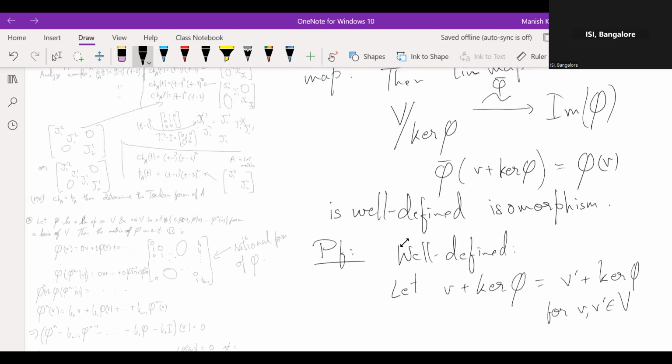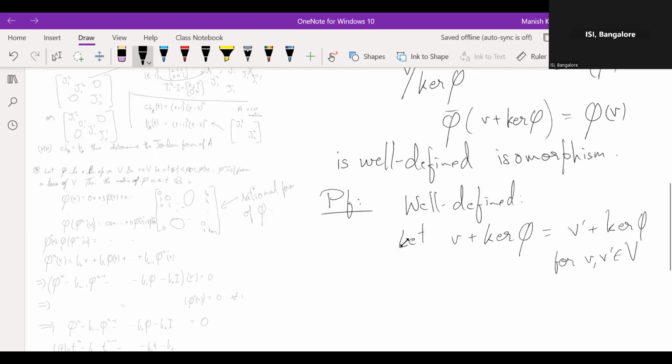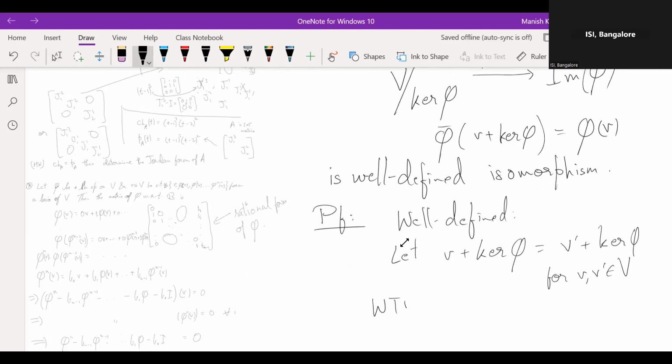We can have two elements V and V prime such that the two cosets are the same. Then we'll have to show that phi V equals phi V prime. If I'm defining phi bar of V plus kernel phi as phi V, then I have to show that phi V is the same as phi V prime. So we want to show phi V is equal to phi V prime. If I show this, then the map is well defined. It doesn't depend upon the choice of the representative.